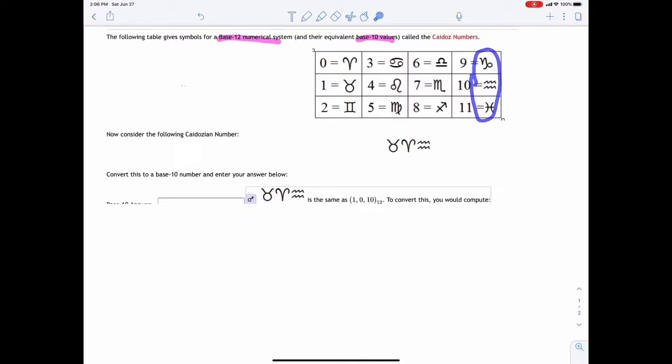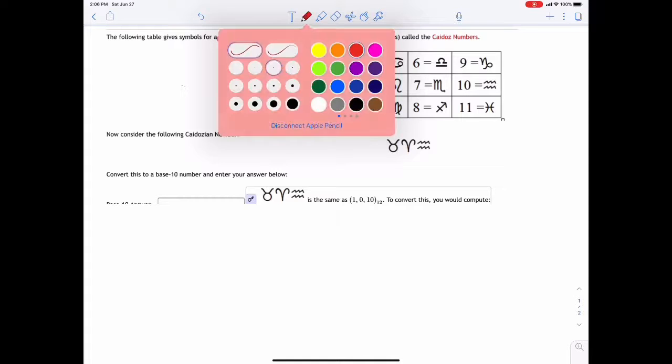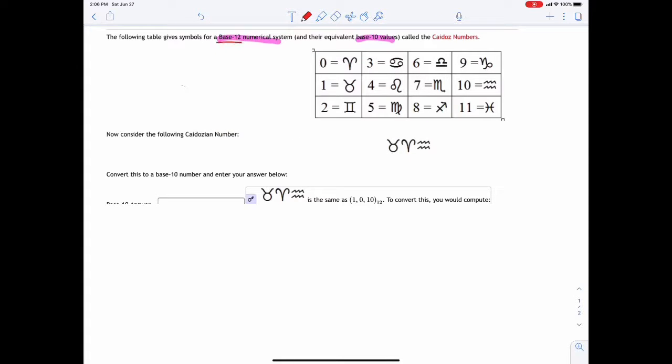The first thing we'll want to do is convert each of these symbols to its corresponding digit and then its corresponding place value. Since we have a base 12 number, we know the far right, because we read Kaitos from left to right, is the ones place, so 12 to the 0.